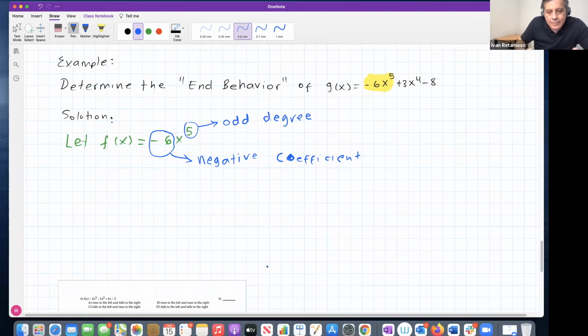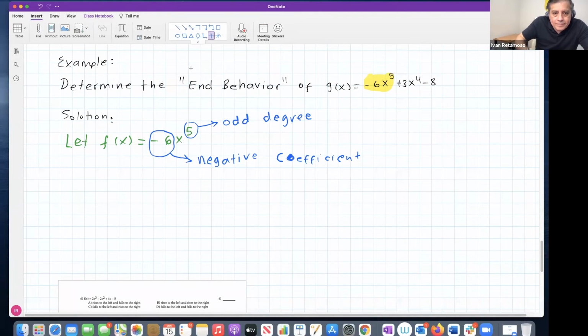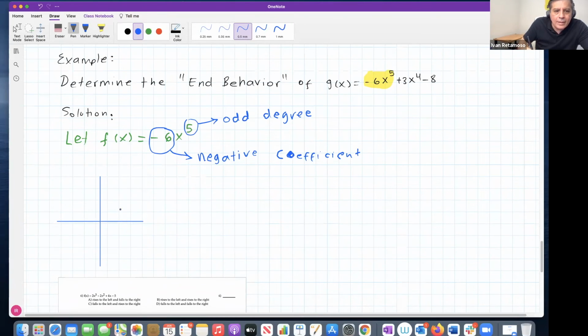If you draw an XY coordinate system, you have something that looks like this: a chair-like function, but what I call a decreasing chair from left to right. This will be the graph of the leading term.